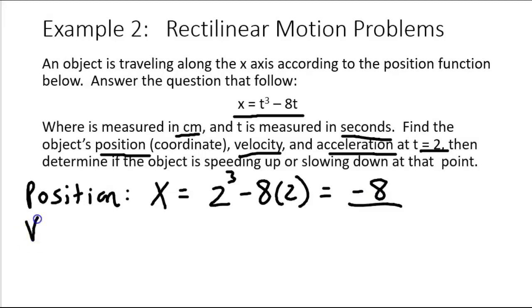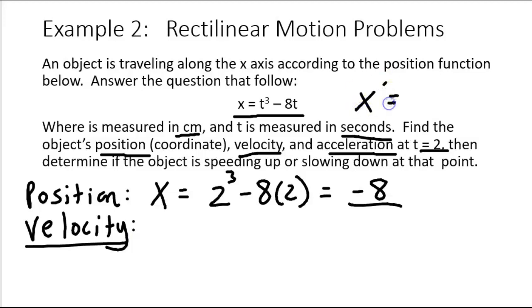Now, if you wanted to find the velocity, in other words, how fast and in what direction that object is moving at t equals 2, we need to find the derivative of x with respect to t. So x prime would be 3t squared minus 8.